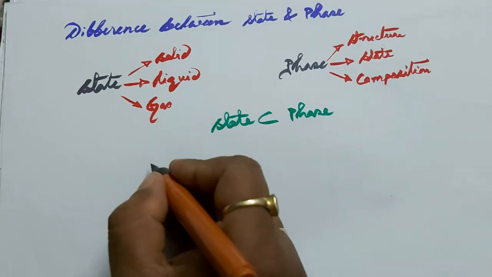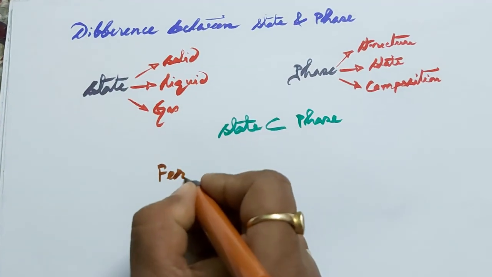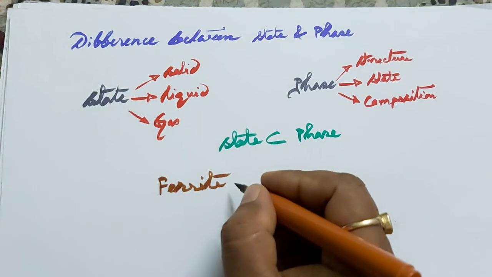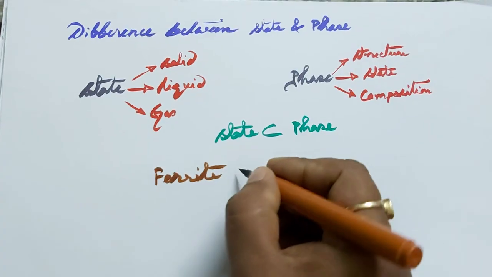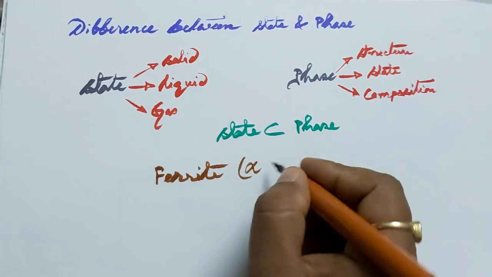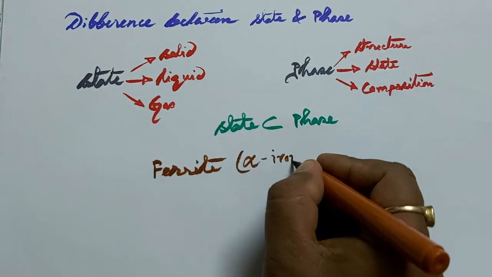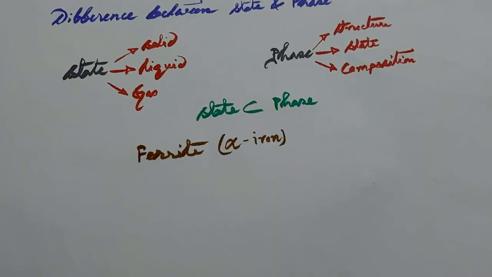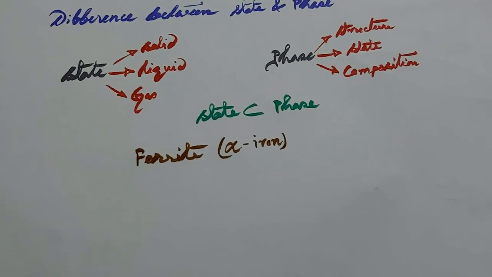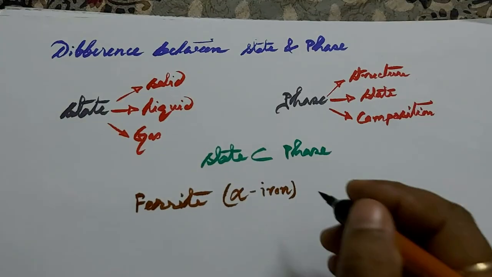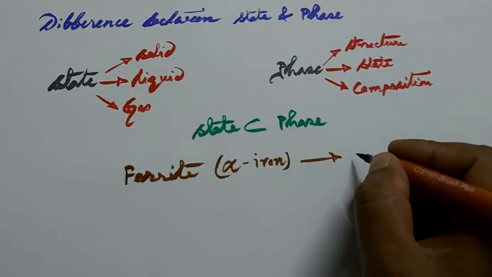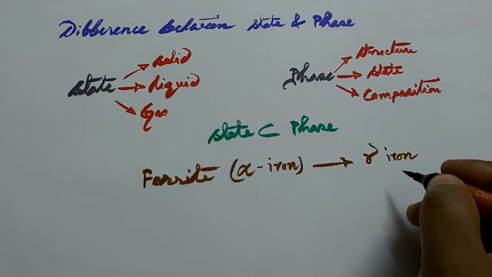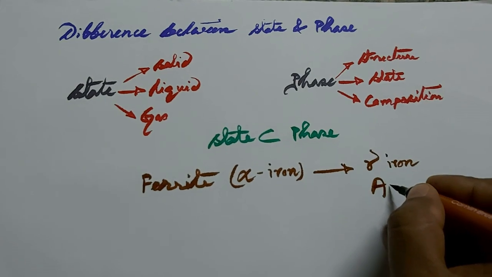We are taking the example of ferrite. Ferrite, which is alpha iron. So we are converting this ferrite into gamma iron, which is basically austenite.